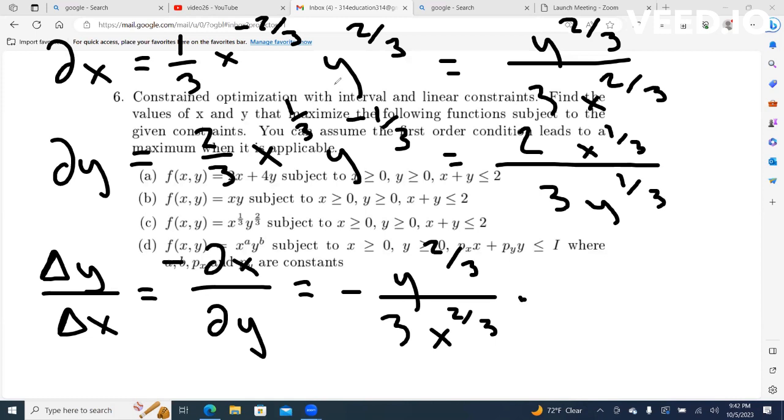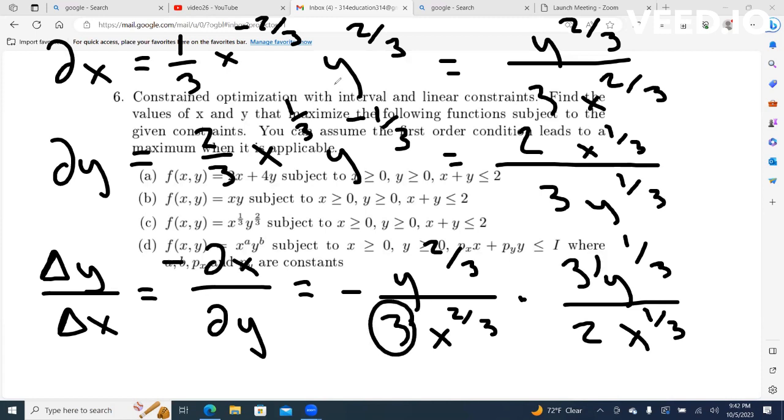Yes, and then times the flip of the other one. Yes, and threes cancel. Let's not forget that negative there. That's what I forgot last time. So it is just going to be y over x, and there's a 2 in there.